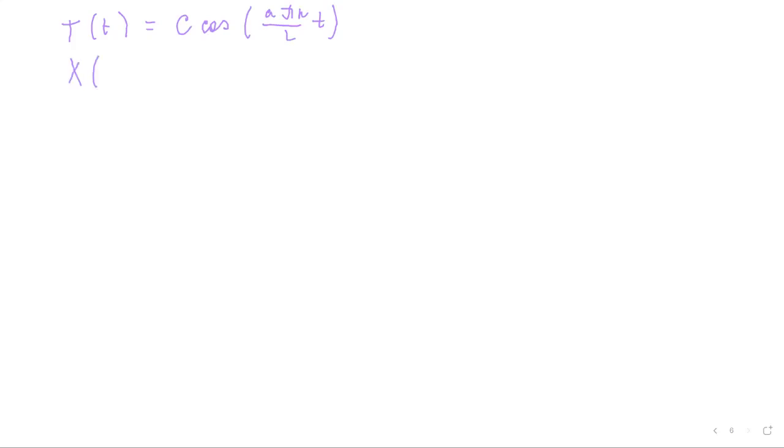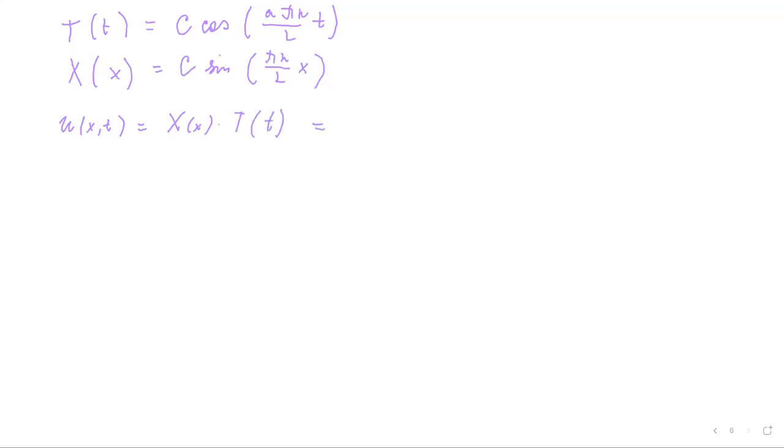The solution for X of x is C sine of pi n over L x, a little bit different, right? Because u of x and t is a product of X of x by T of t, I'm going to combine them together.